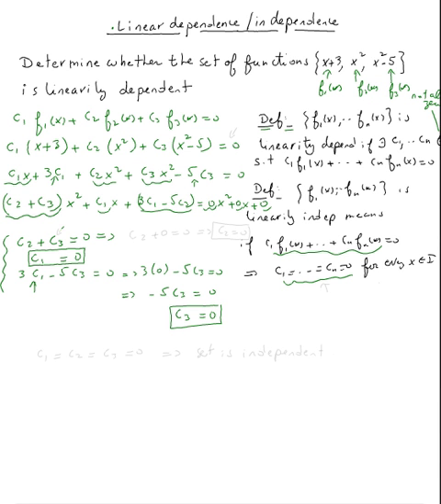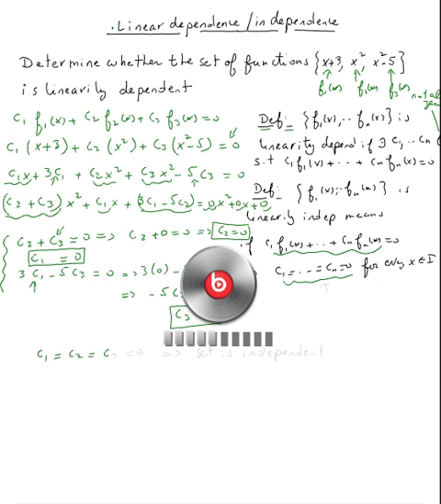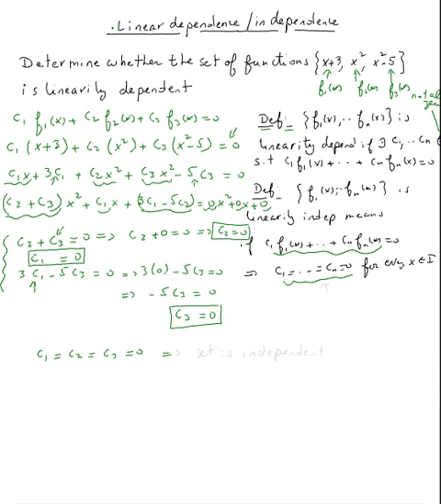Since c3 is 0, if you plug it in here, you get c2 plus 0 is 0, which means c2 is 0. So the only constants we can use in a linear combination of these functions f1, f2, f3 that will give us 0 are zeros. So c1 equals c2 equals c3 equals 0.